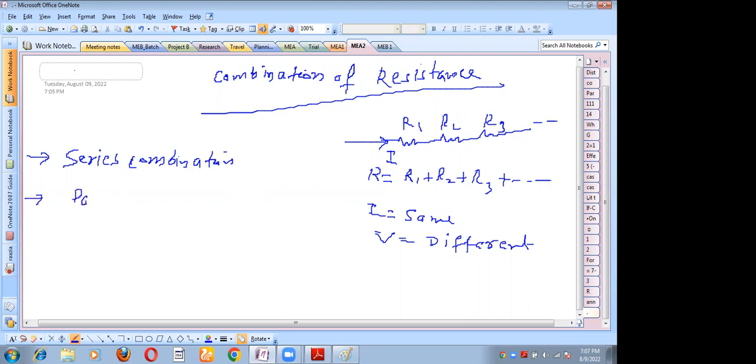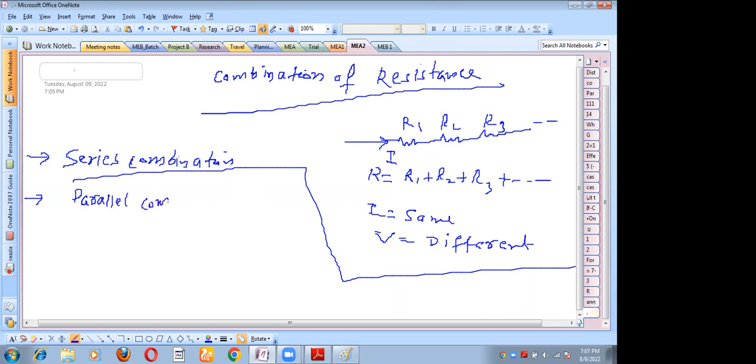Second is parallel combination. This was series combination. With parallel combination, what happens? The resistors are said to be in parallel if they are connected between two points like this, like this. So the resistances R1, R2, and R3.